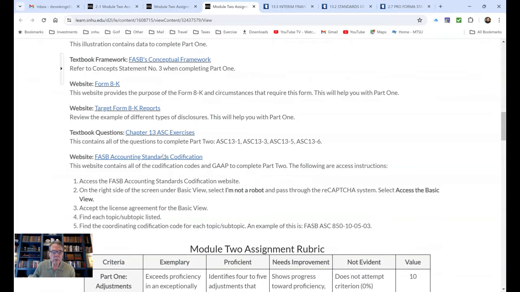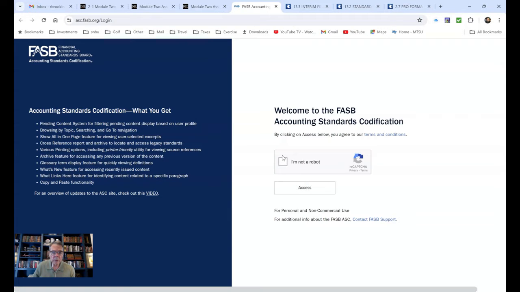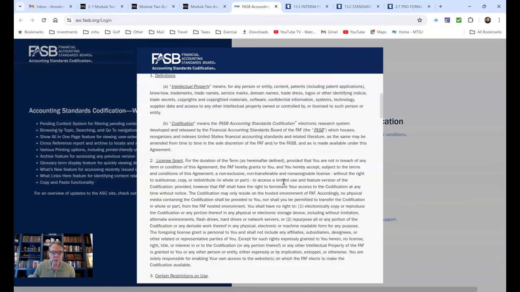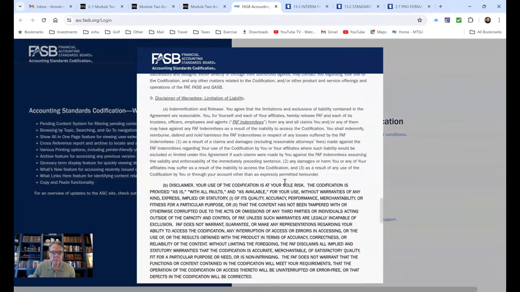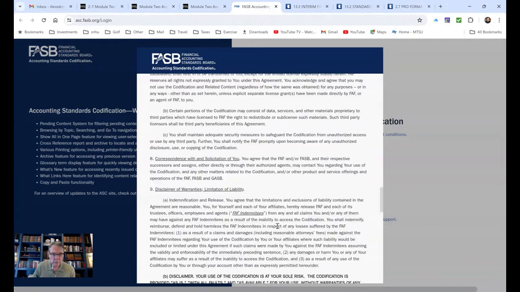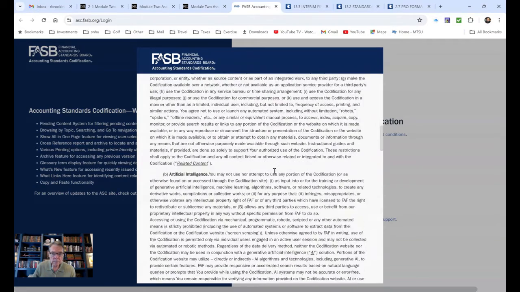So the thing we're going to do is go to the FASB Accounting Standards Codification site here. And you're going to go, I'm not a robot, access, I accept the terms. Acceptance here.